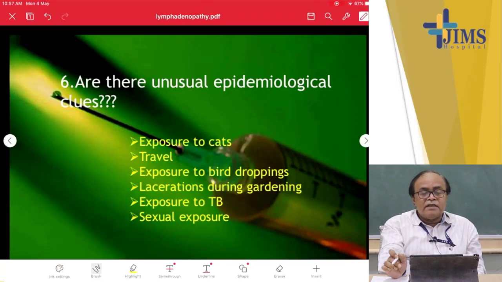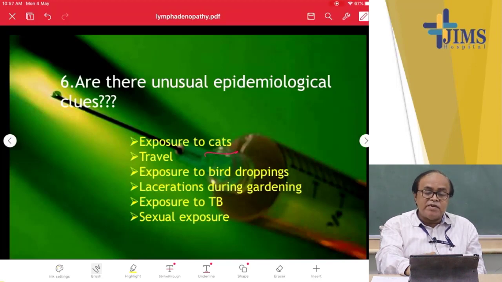and whether there are unusual epidemiological clues, exposure to cats, that is cat scratch fever, history of travel. Nowadays history of travel is very important. You know this recent coronavirus disease. So, if a man travels to tropical countries, in our country some regions like Odisha, you may be affected by filariasis.